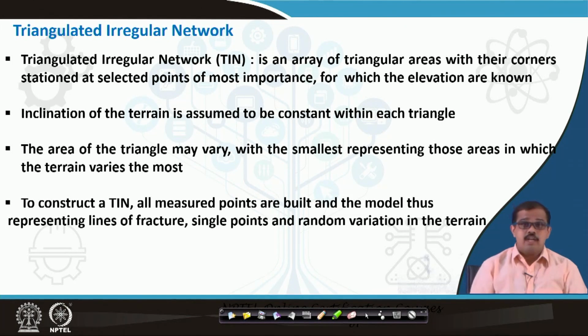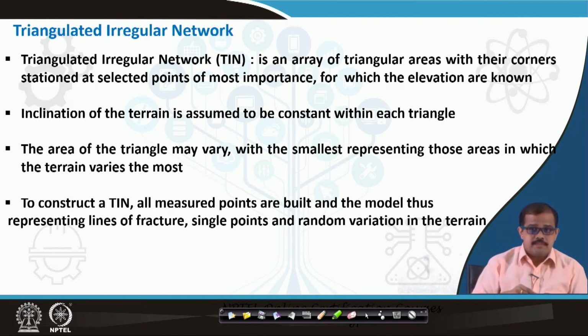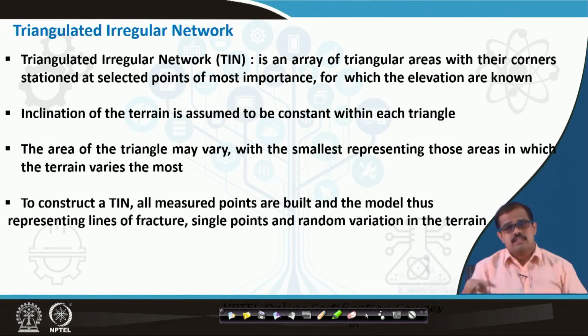It means that where we know the values, that point on the earth's surface is selected as a nodal point. With this point as a nodal point, we connect the other known nodal points. Similarly, triangles are built with different nodes, and finally that becomes the representation of the earth's surface.